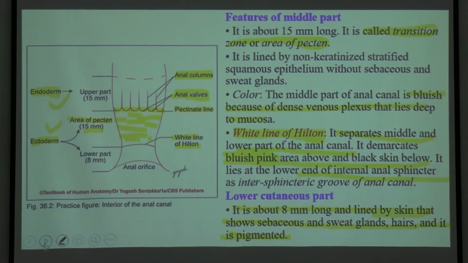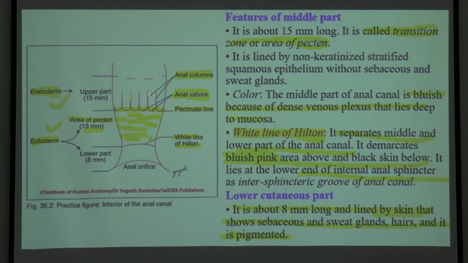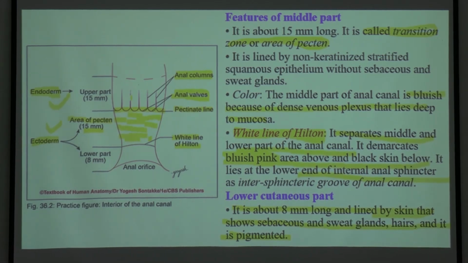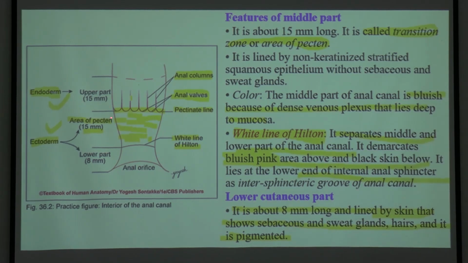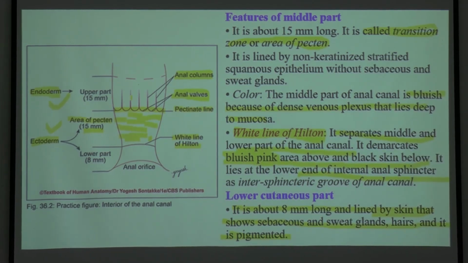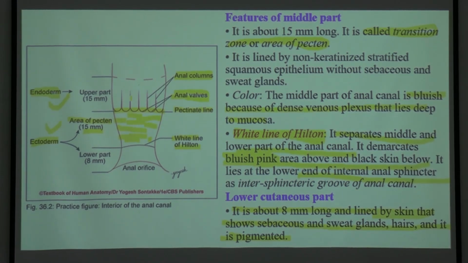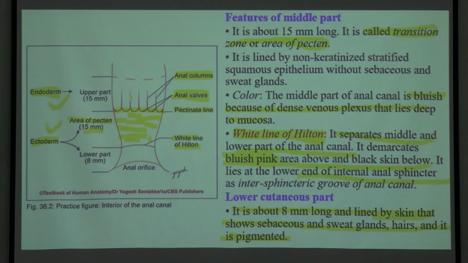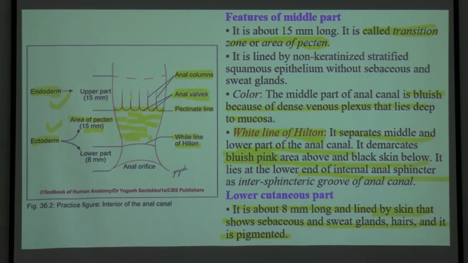Venous drainage: from here we have the superior rectal vein, from here the middle and inferior rectal veins, that means systemic veins. Nerves different, lymphatics different. So this dentate line is called the watershed line.